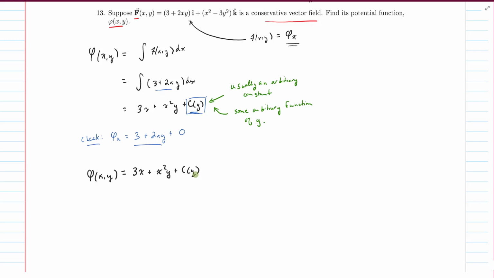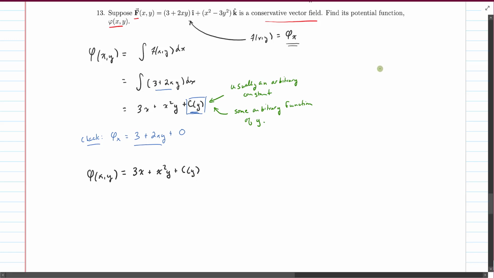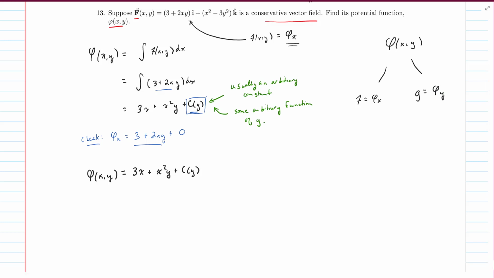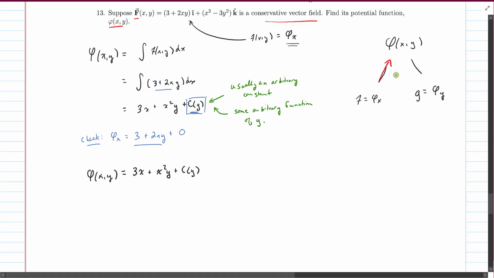And so what we can now do is sort of back step. So one way to look at this is we've got some phi of xy that we're trying to find, and we started off by saying we know that f is equal to phi of x. We also know that g is equal to phi of y. And so we've gotten part of the information by integrating this way.